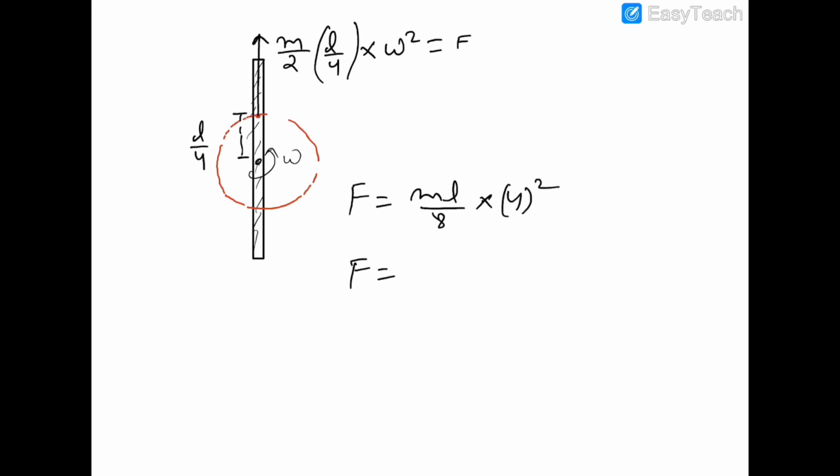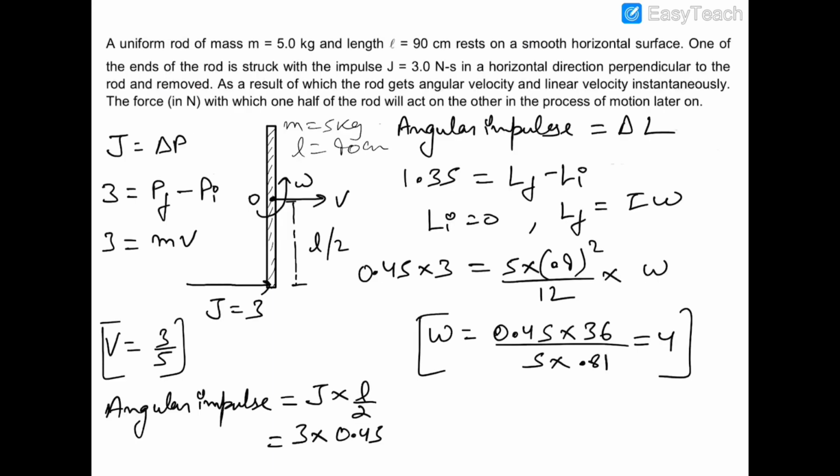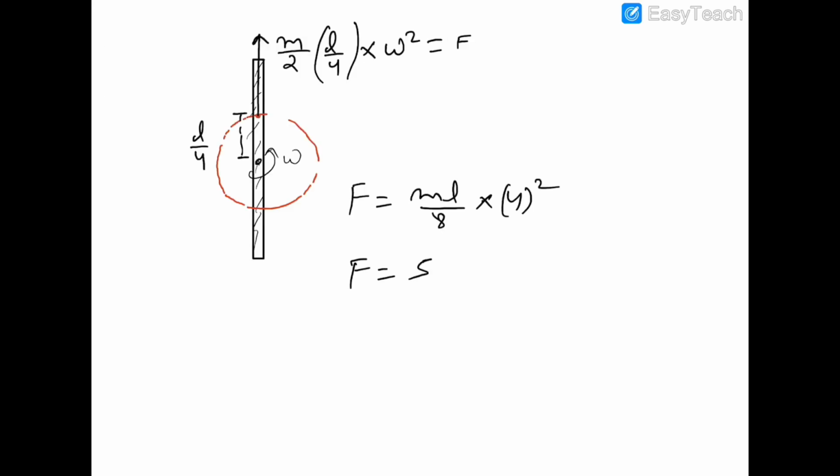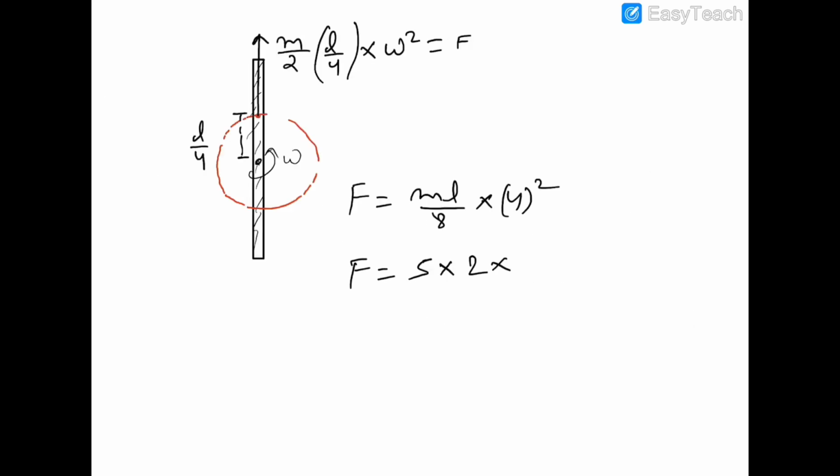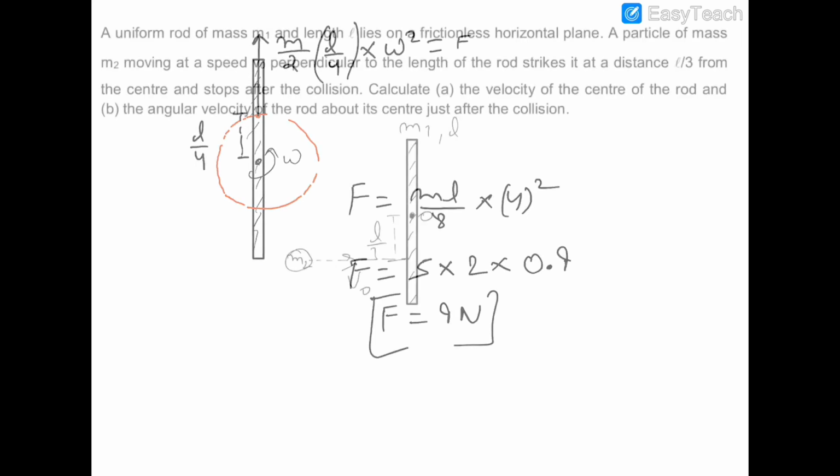So F will be, m is I think 5, and 4 into 4 is 16, 16 by 8 is 2, and the length is given as 0.9 meters, so F will be equal to 9 newtons. So this is the force which the half part of the rod will apply on the other half part. Now we move on to the next question.